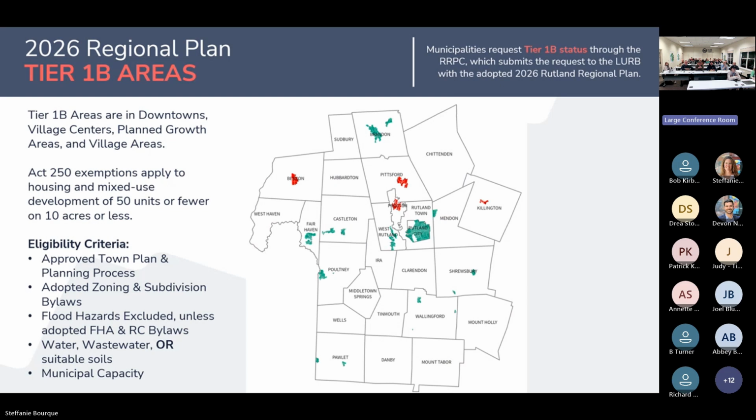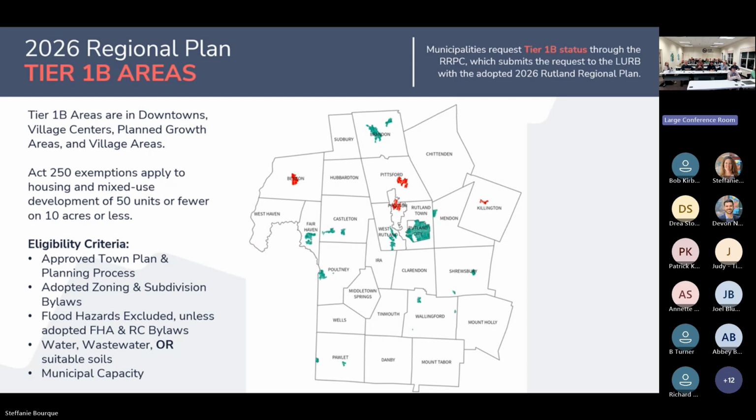So again, those Tier 1B areas are in downtowns, village centers, planned growth areas, and village areas. With a Tier 1B designation, Act 250 exemptions would apply to housing and mixed-use development of 50 units or fewer on 10 acres or less in the Tier 1B area.